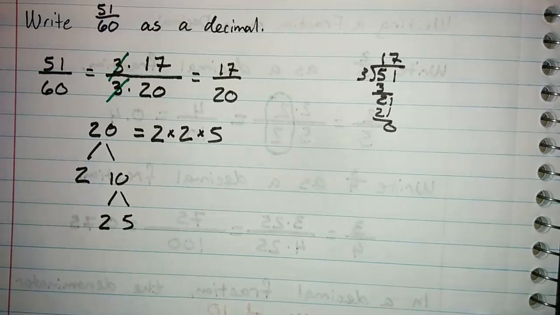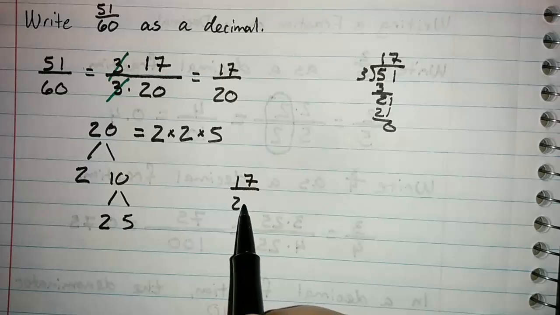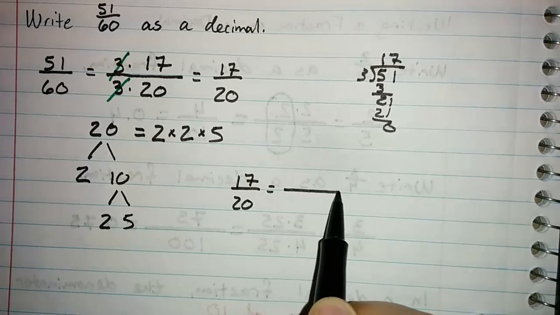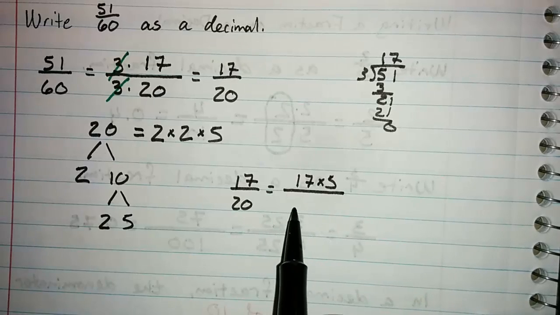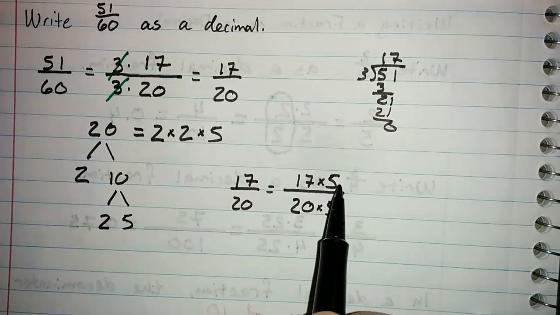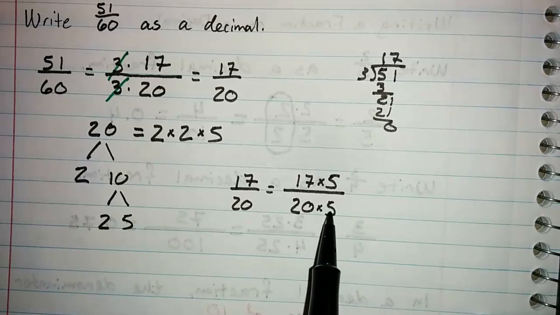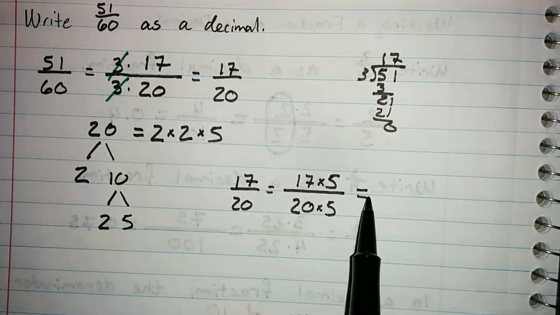In particular, I see one more 2 than I see 5's. So I'm going to write 17/20 is 17 times 5 over 20 times 5. Again, choosing to multiply by 5 to the first in order to get one more 5 in there.